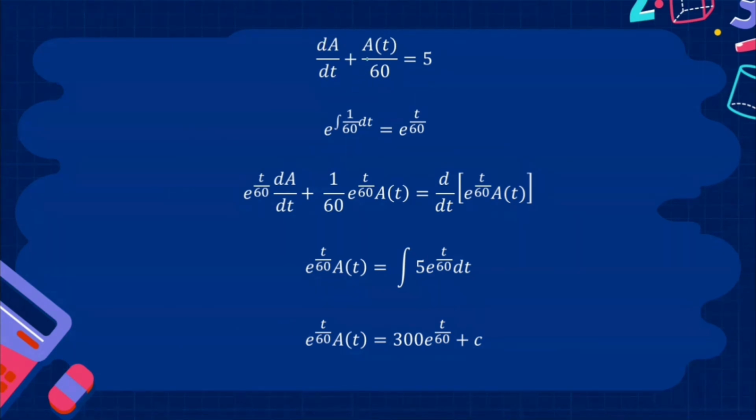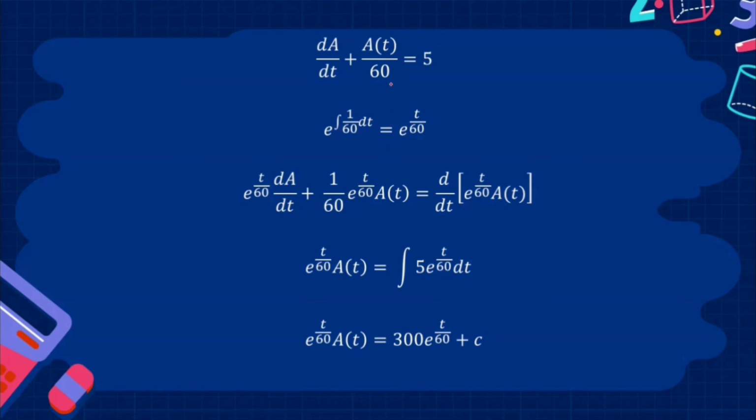dA over dt plus 80 over 300 A equals 5. Actually, there are many ways to solve this, but I'll be using the integrating factor here. Remember that our integrating factor is the exponential of the integral of the coefficient in the equation.